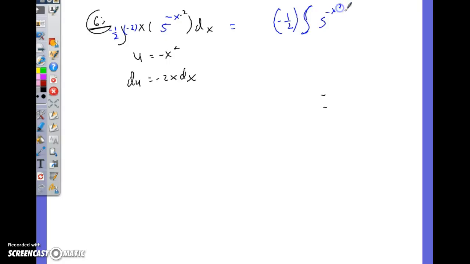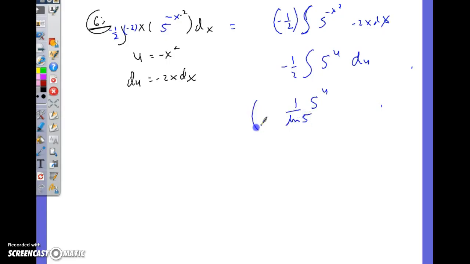So I have 5 to the negative x squared, negative 2x dx. Agreed? So that's du. This is u. So I go 5 to the u, du, with the negative 1/2. And what is the integral of 5 to the u? 5 to the u times 1 over ln 5.